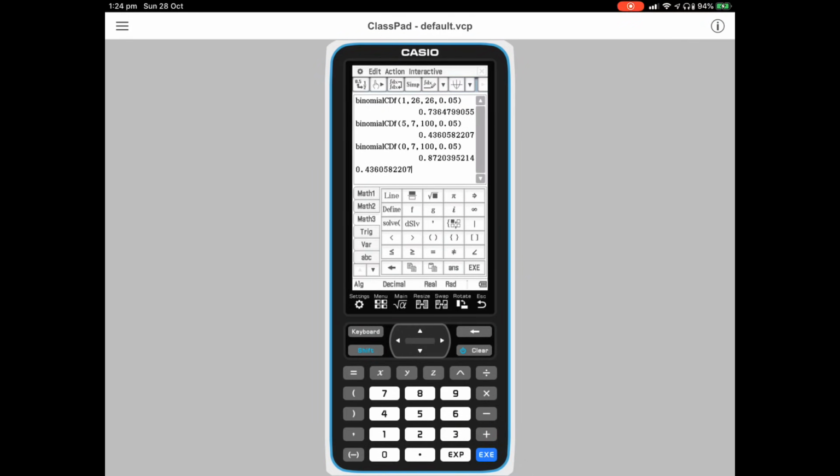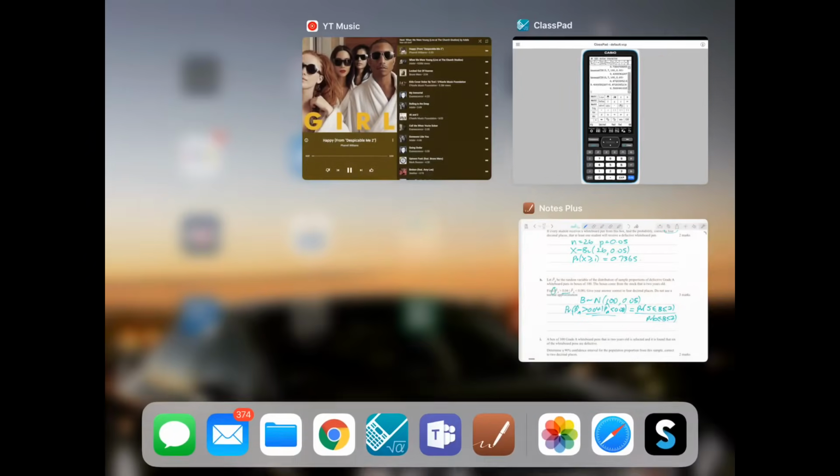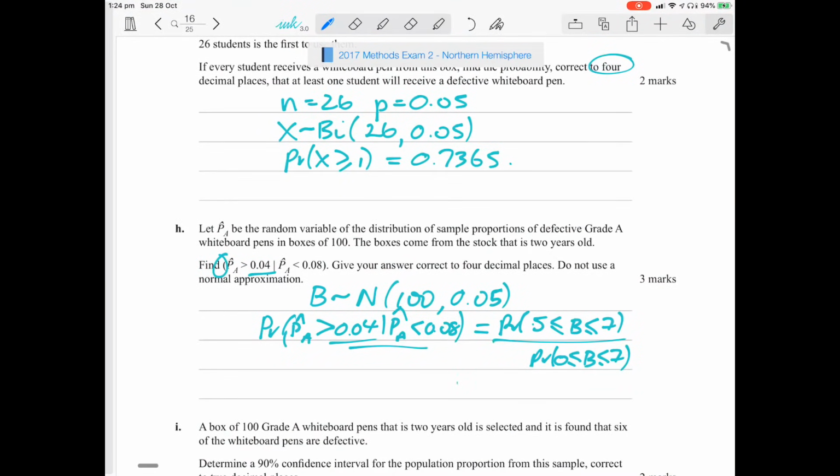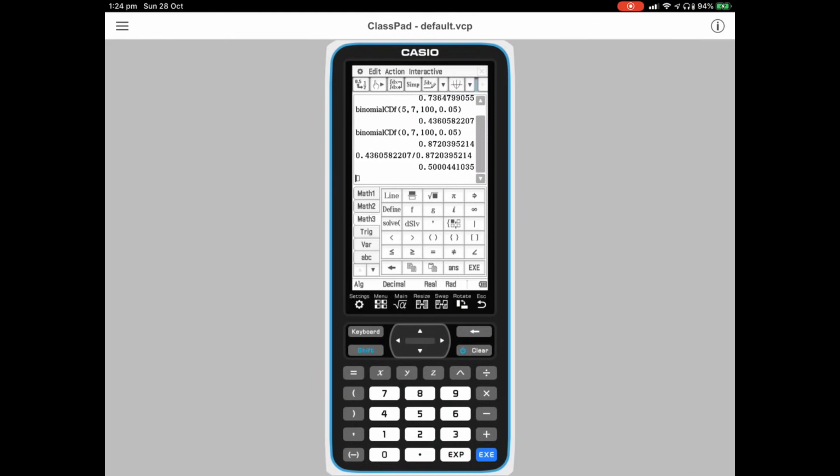So it's going to be that divided by that. So it's equal to 0. Is that right? To 4 decimal places? Yes.